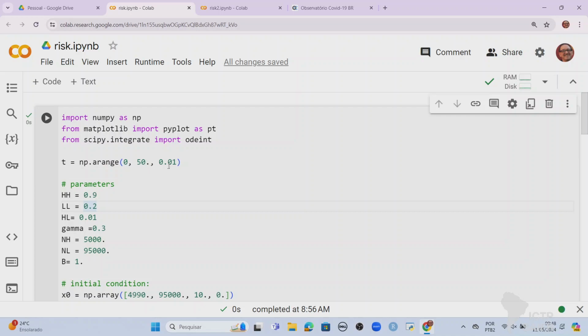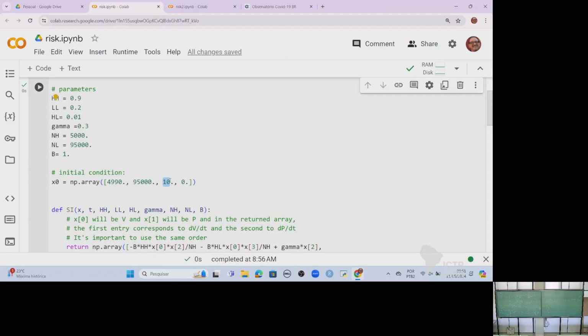When I wrote this code, I put a B here, but it's equal to 1, so you don't care about the B. That was because I had a contact rate times beta, but later I decided to put the beta into this beta high, low, and so on. So you have to give an initial condition, and I have 10 people in the high risk group which are infectious, and no one infectious in the low risk group.